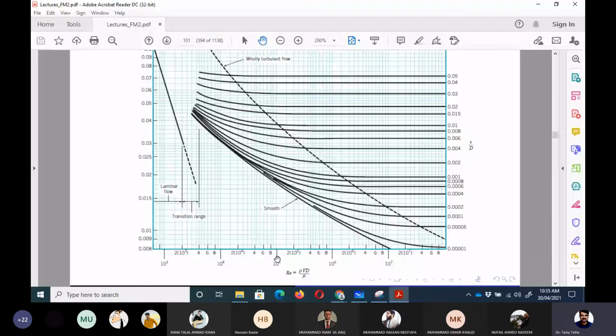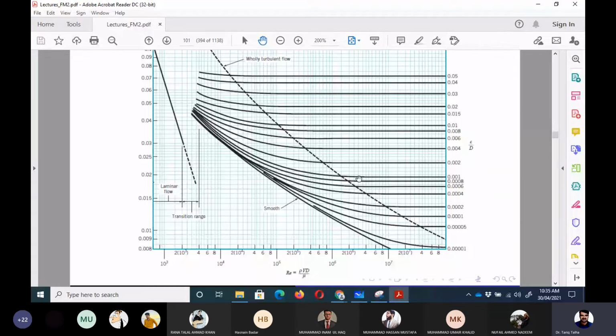Then we would draw a straight vertical line from this point, see where it intersects this line, and from there draw a horizontal line to find the friction factor, which would be around 0.02, 0.018, around that value.